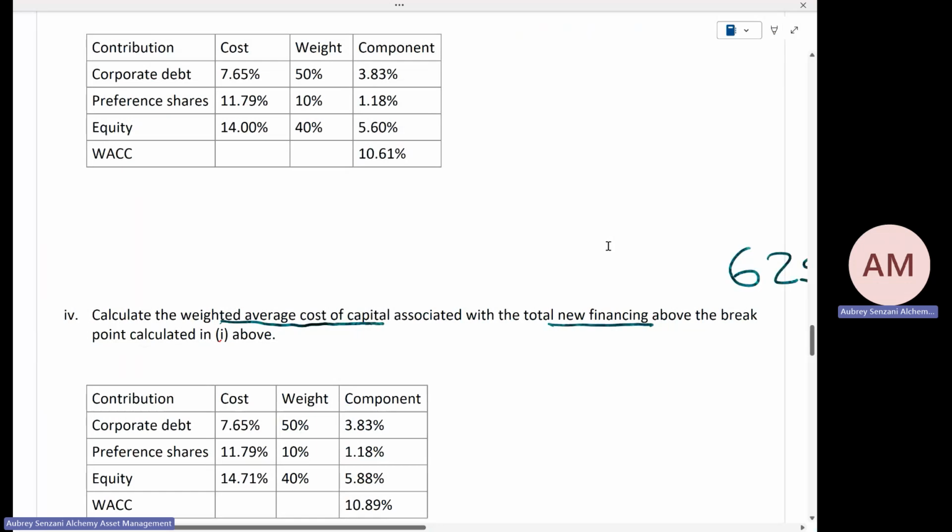That's about as big as I can go. You can see this 10.89, and the 14 percent there. That was for the retained earnings, before we issued new shares. So when we issued new shares, it was 14.7.